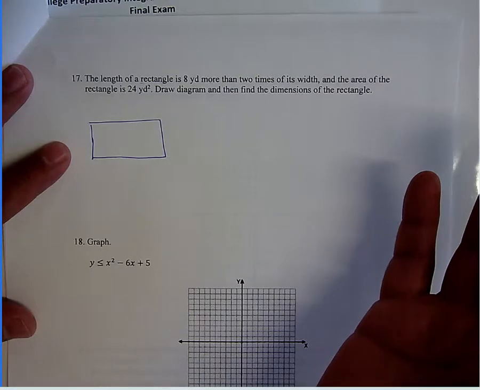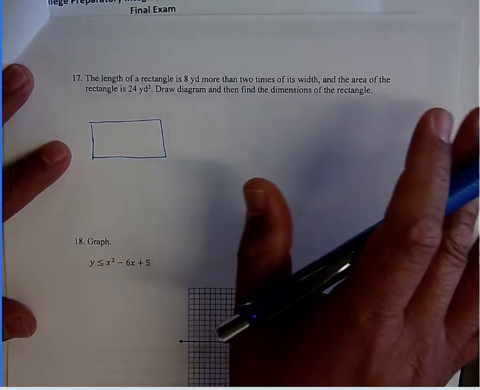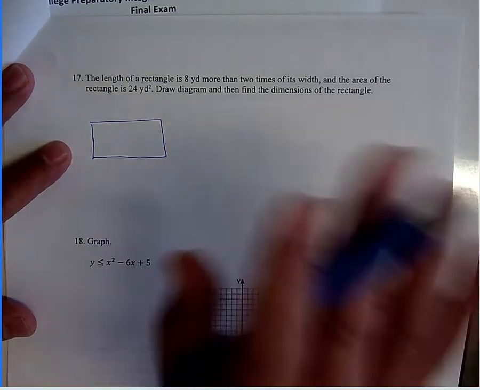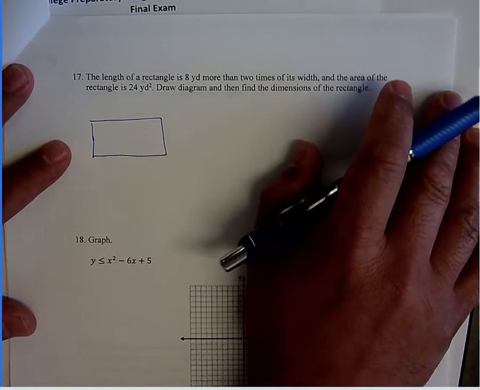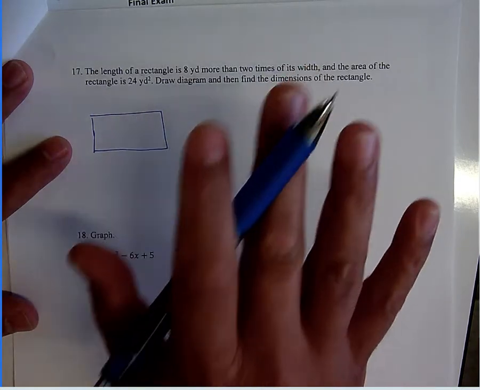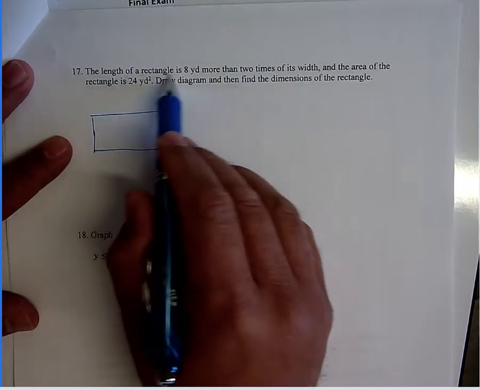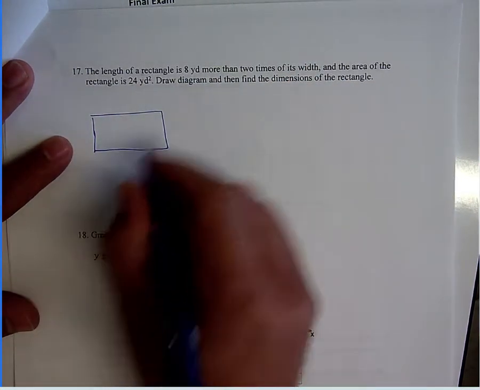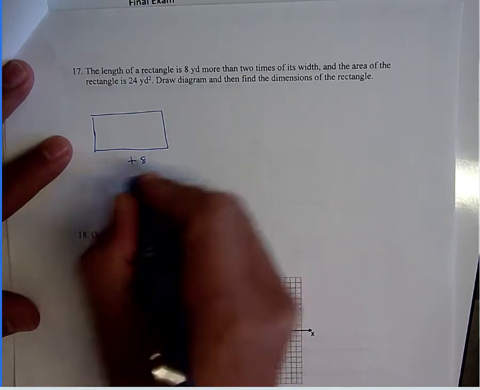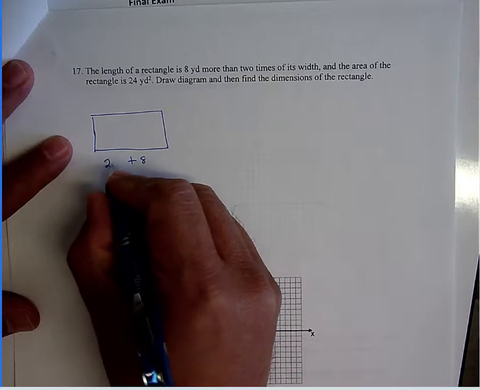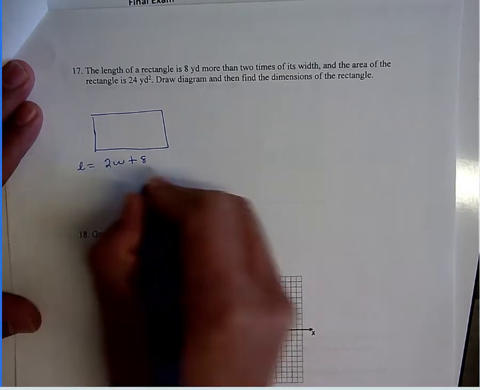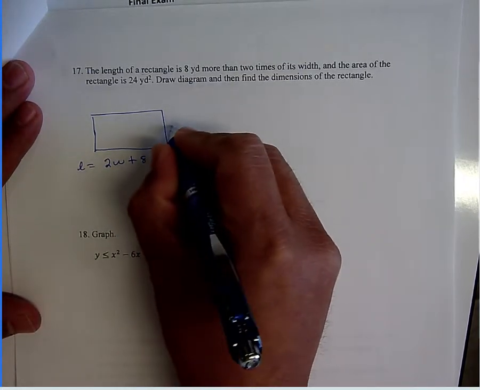But if that same question on the quiz was a subtraction question, a lot of the answers you guys gave me would have been wrong. So you just need to follow the words exactly how they sound. So 8 more, this 8 more would be on the right side. You're adding 8 more to what? 2 times the width. So the length is this, and then the width is just the width.